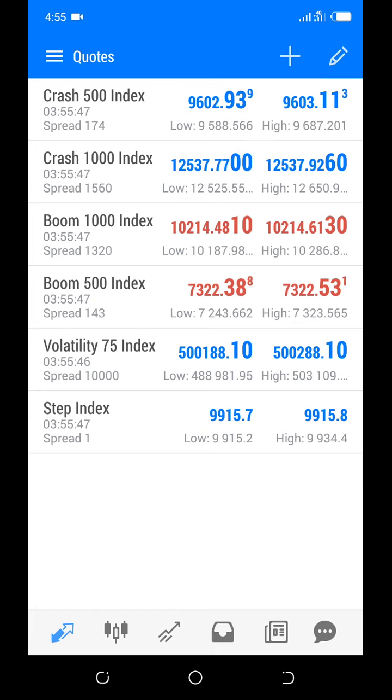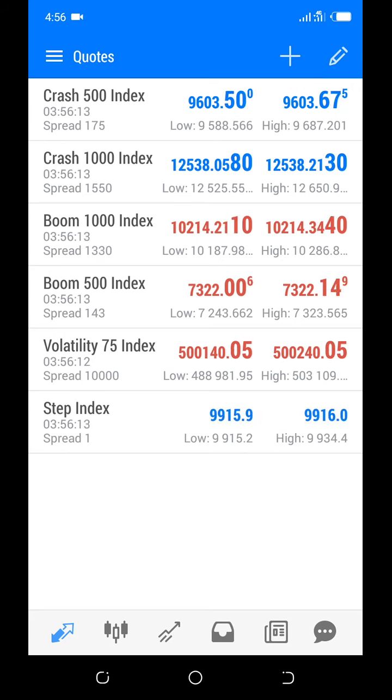The same settings and the same setup we use for trading boom and crash is the same we use for trading V75. It's just that there's a little tweak, a little thing you must do to get it right with V75.